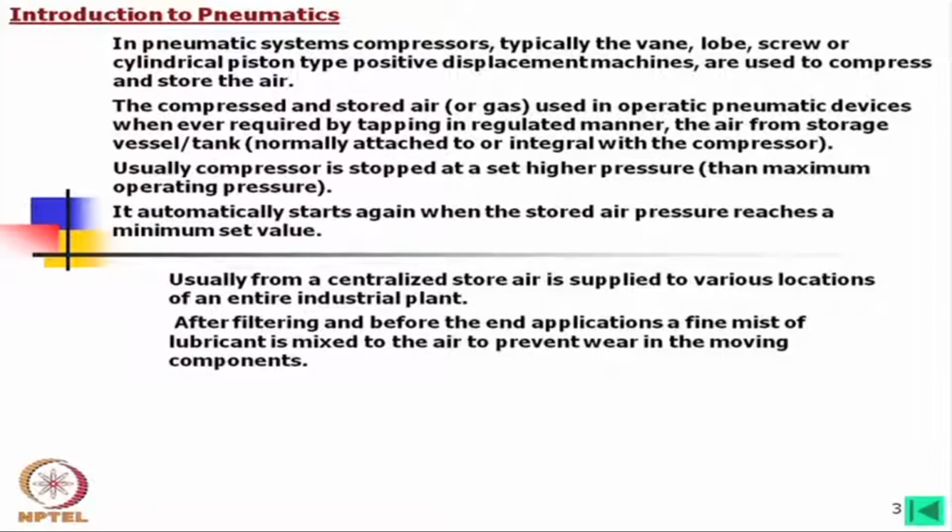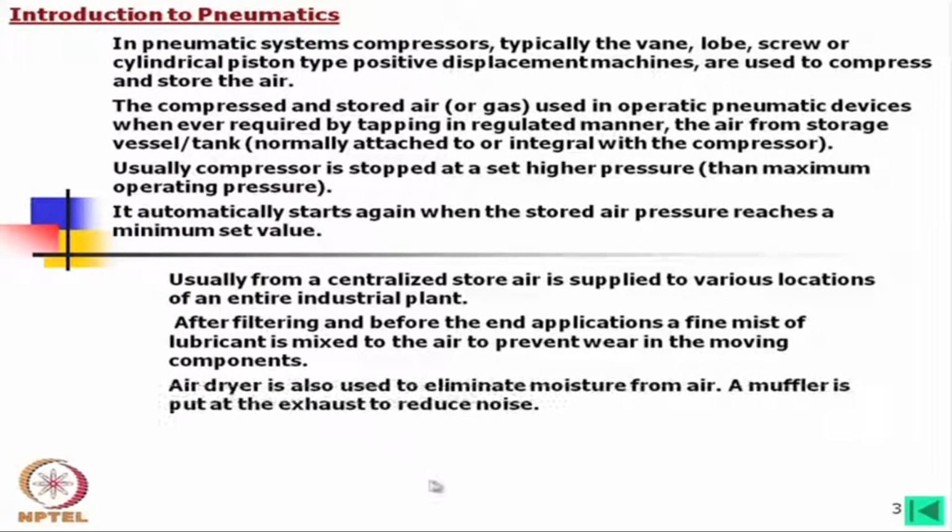In case of air, ordinary lubricant can be mixed, but before that your air should be dust free and dry. That means no moisture is allowed within this air. So after filtration or such preparations, you have to mix in oil again. That is important, and it is required to lubricate the moving components.